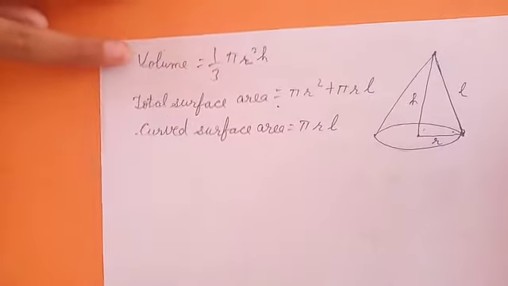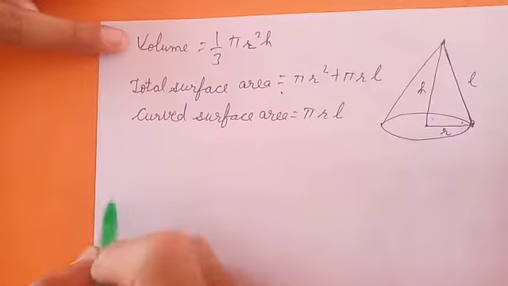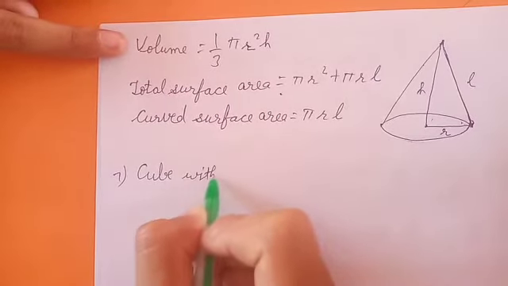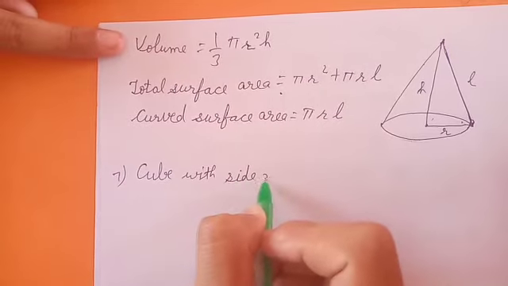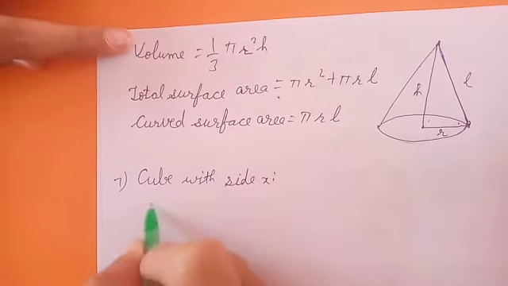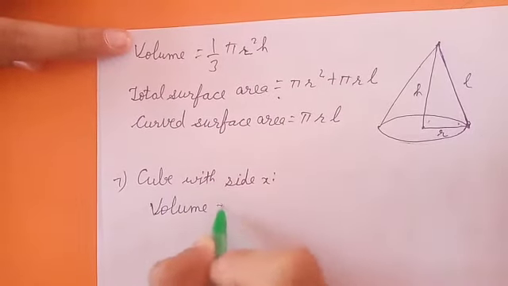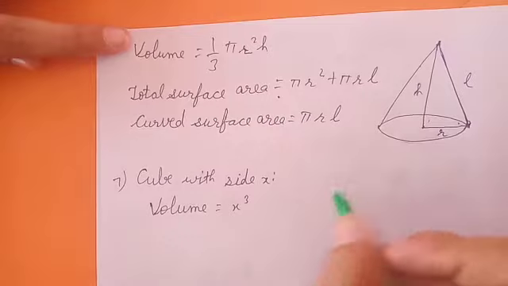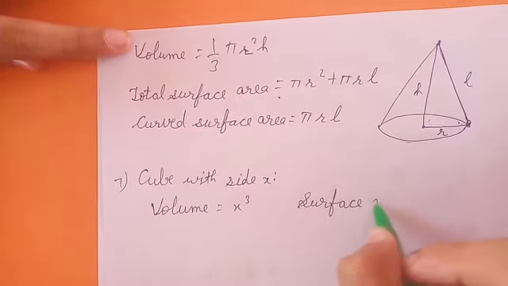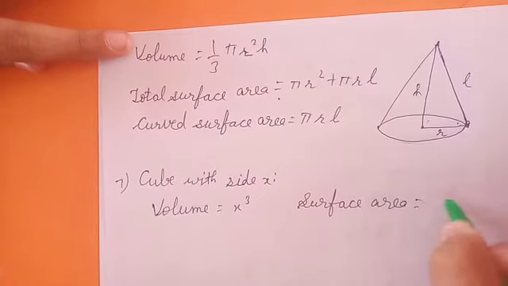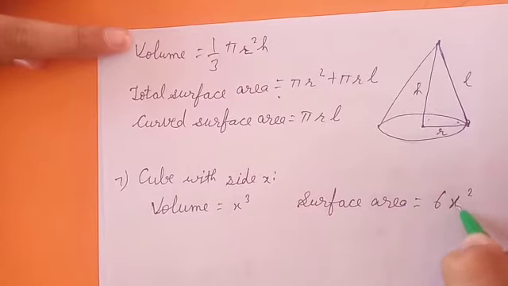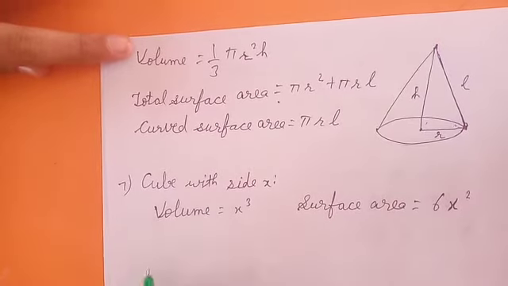Okay, now cube and cuboid. Seventh is our cube with side x, and in a cube all the sides are the same. So first of all its volume is x cube, and its surface area will be 6 times the area of one side, and of one side it is x square.